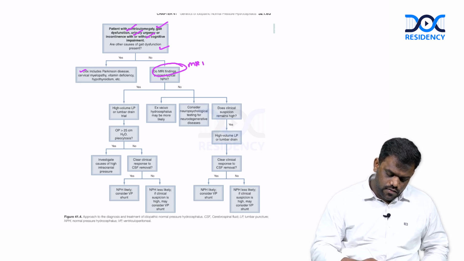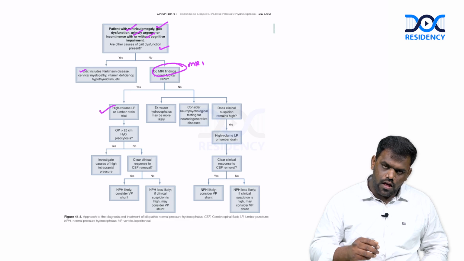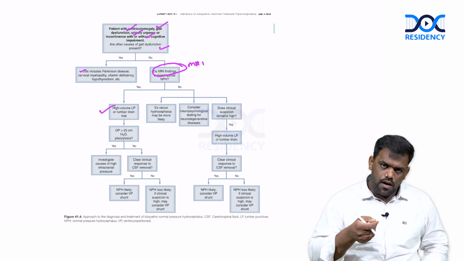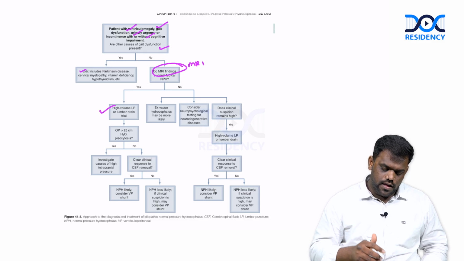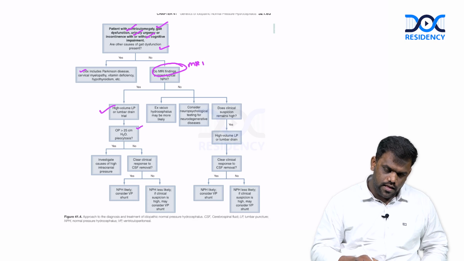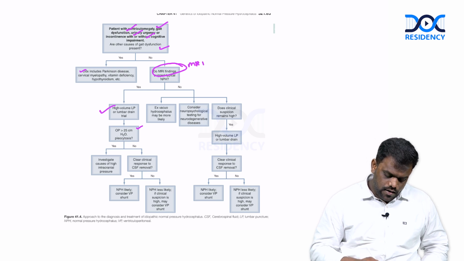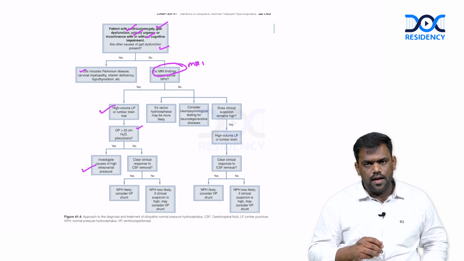If it is suggestive, you can go for a high volume LP or lumbar drain trial. While doing lumbar puncture, you have to see the opening pressure. If the pressure is more than 25 centimeter of water or the CSF shows pleocytosis, you have to investigate for other causes of high ICP.